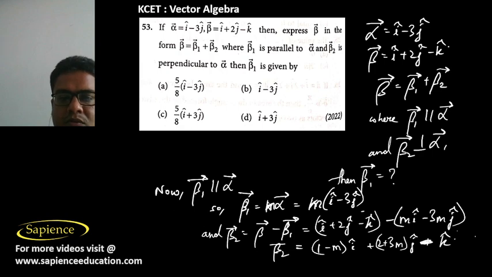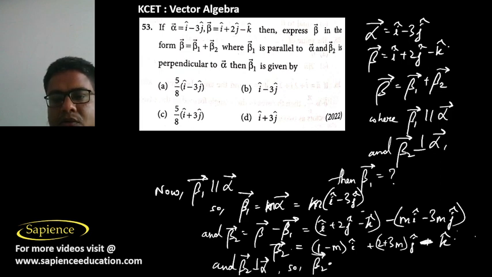This is beta 2 vector, and it is told that beta 2 vector is perpendicular to alpha. That means that beta 2 vector dot alpha vector is equal to 0. Now therefore beta 2 vector dot alpha vector should be equal to 0.